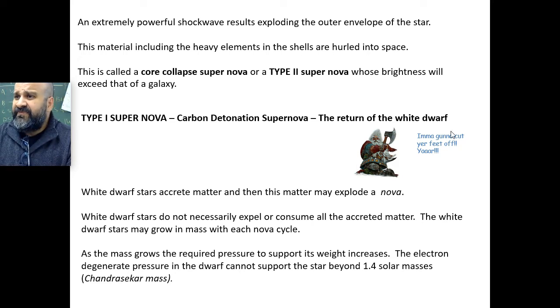Let me see if I can find it here. Supernova. I'm just going into Google here, on another tab. Supernova visible from Earth. Images.